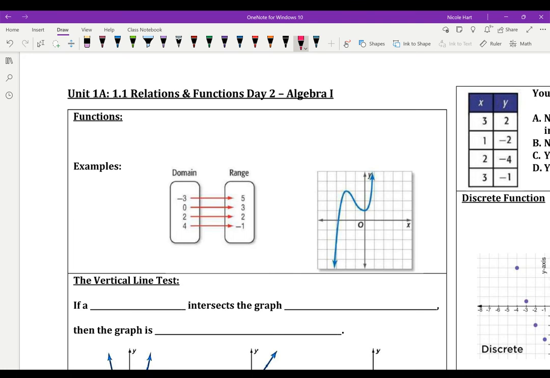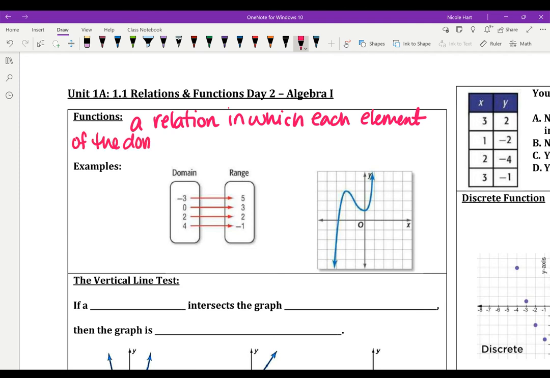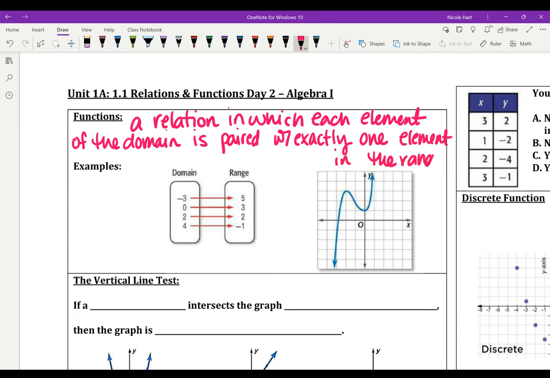So a function is a relation in which each element of the domain is paired with exactly one element in the range.